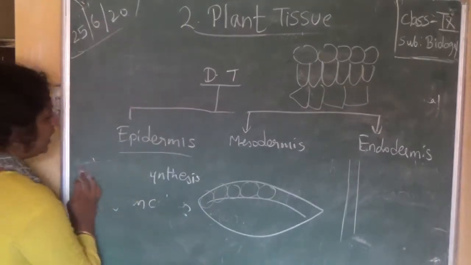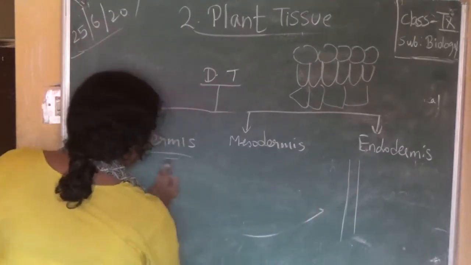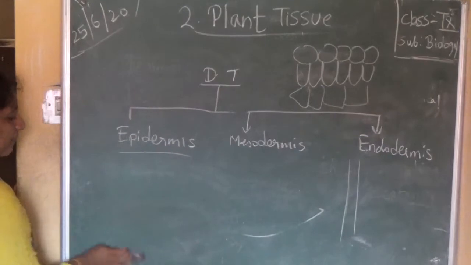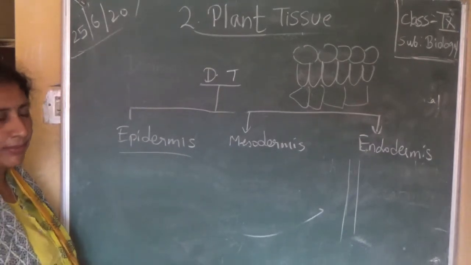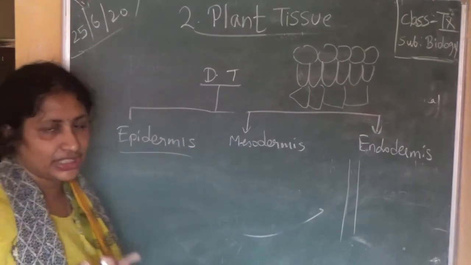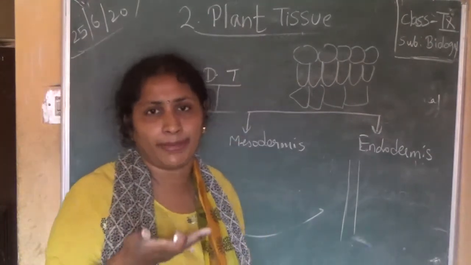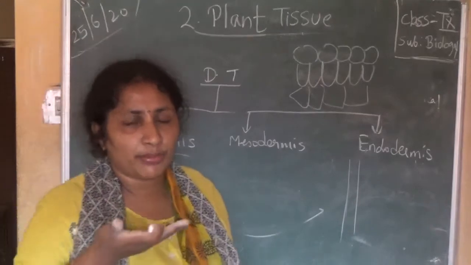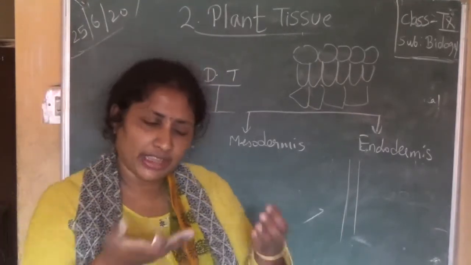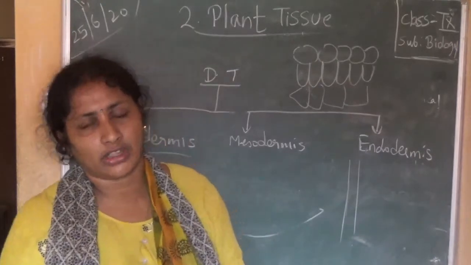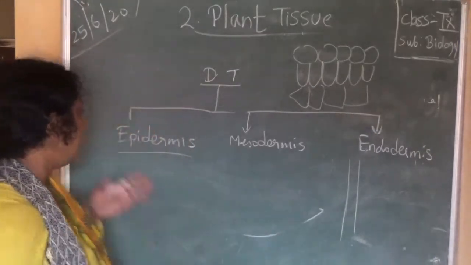So what are the functions? Now if you see epidermis, it is the uppermost layer of the plant tissue. The uppermost covering of the plant, or the uppermost layer of the leaf, is called epidermis. The uppermost covering of the stem is also called epidermis.